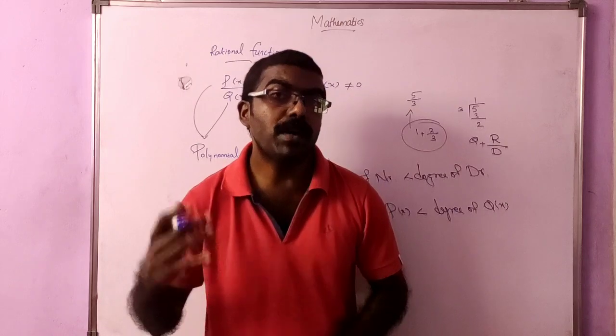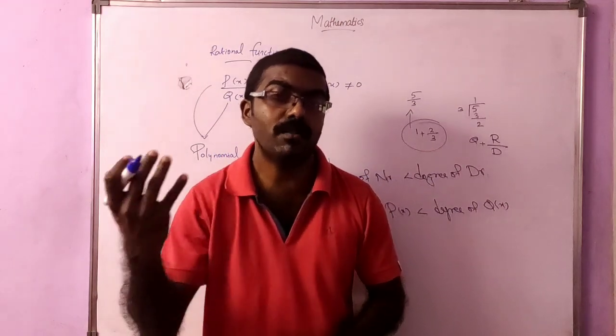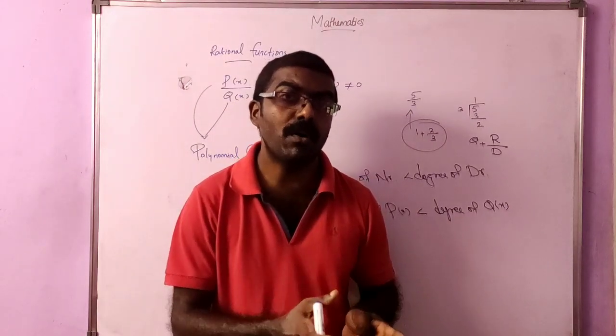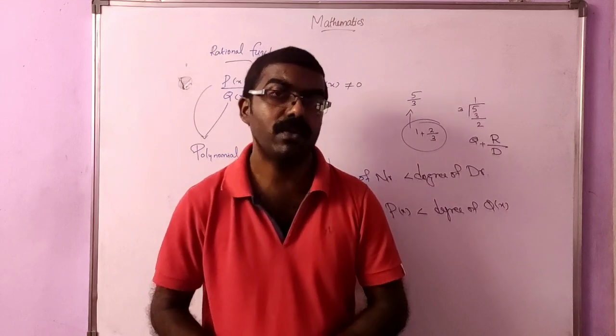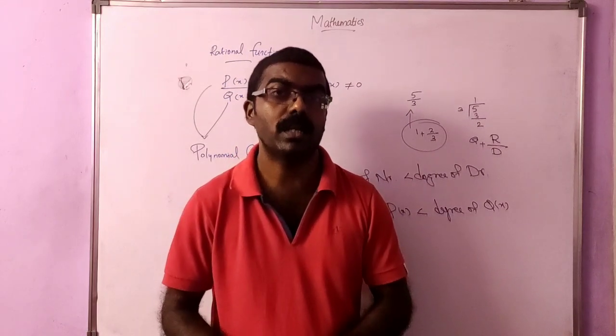Using this method, we can change any complicated rational function in terms of the sum of two or more simple rational functions. That method we are going to discuss here.